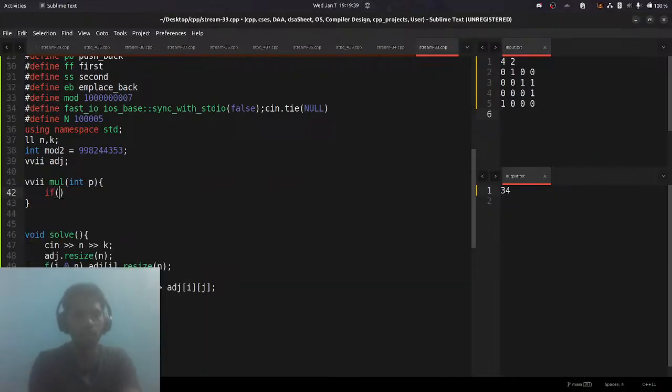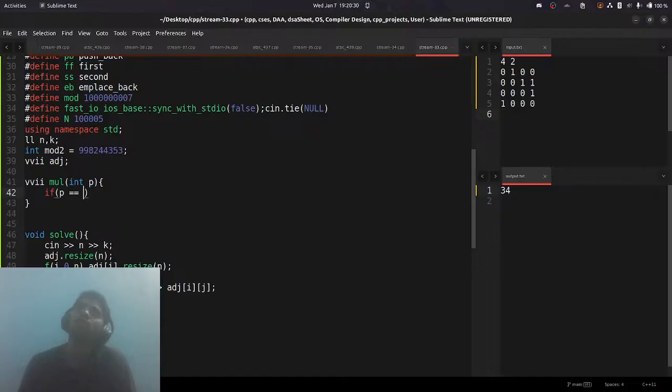And if the power is 0, in that case we can just return a matrix with all ones. This is called an identity matrix.